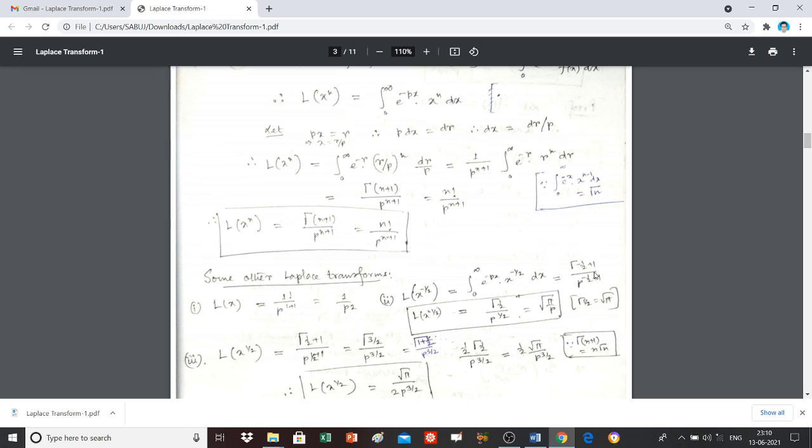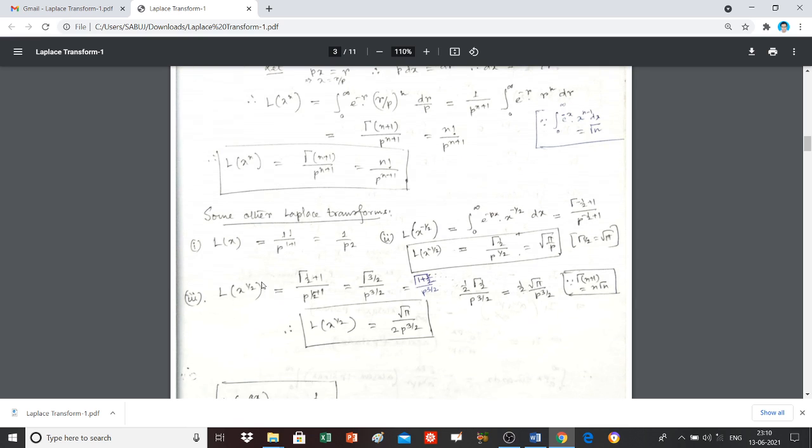So the Laplace transform of x to the power minus half is equal to gamma half by p to the power half. You know that gamma half is equal to square root pi, and here is p to the power half, that will give you square root pi by p. Here it is written that gamma half is equal to square root pi.